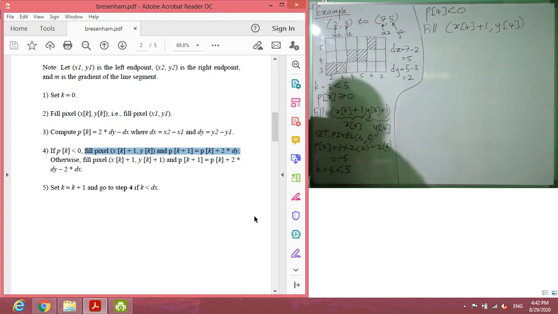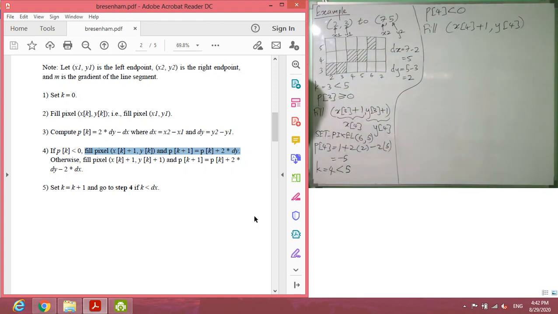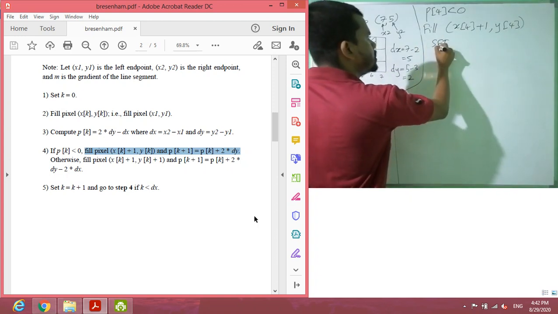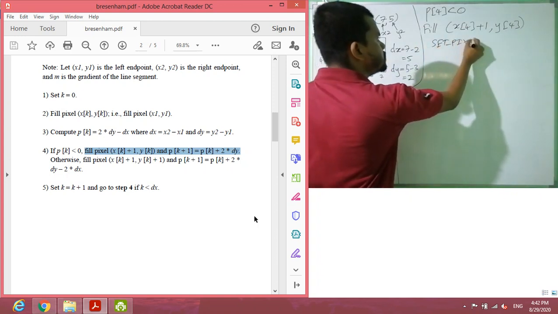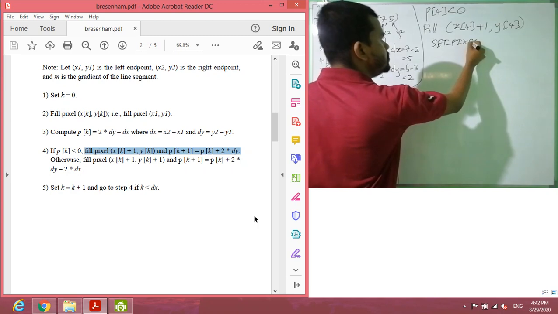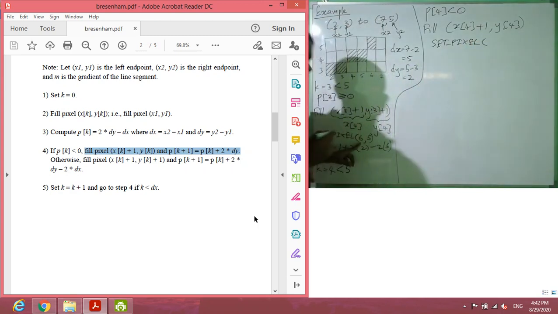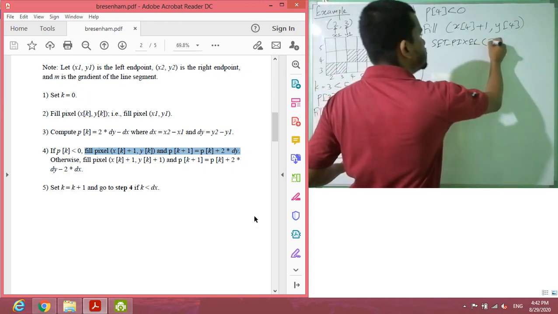Okay, x4 value is 6. Therefore, in set pixel x4 plus 1, therefore it is 7.